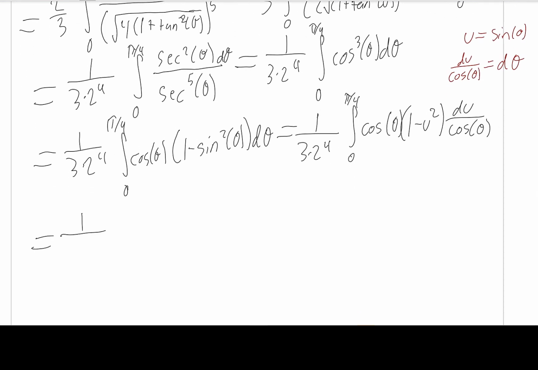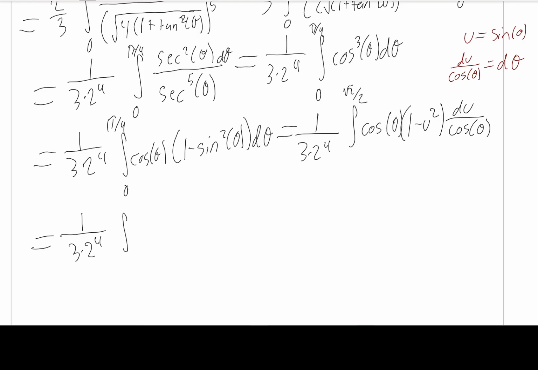And so we get, let's see, we'll have 1 over 3 times 2 to the 4th. Now, the one thing I've forgotten to do is that we need to change our limits here, right? We just used a u substitution, so we need to change the limits. So on top, I'm plugging in pi over 4 to sine of theta. So that'll give me square root 2 over 2.